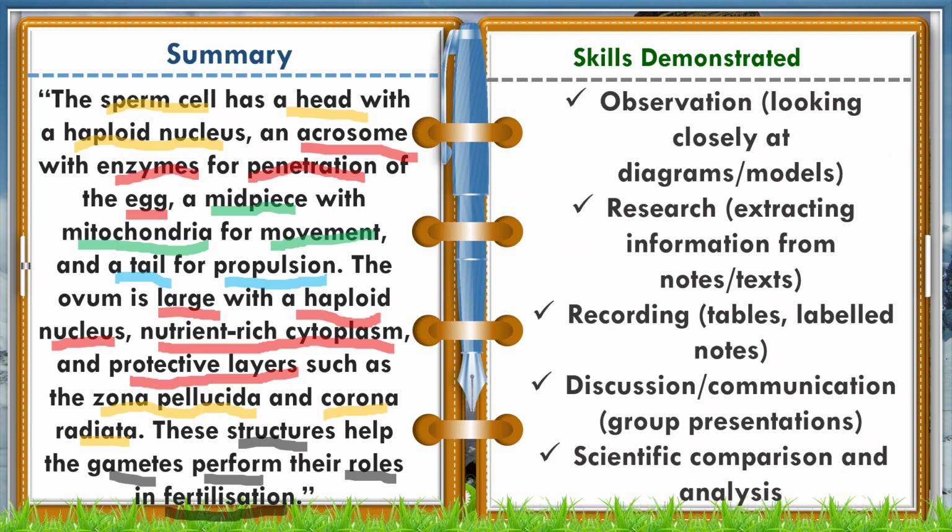Skills demonstrated. There is the observation skill, looking closely at the diagrams and the models. Then there is the research skill, extracting information from the notes and the textbook. We have the recording skill, recording information in the tables and labeled notes.